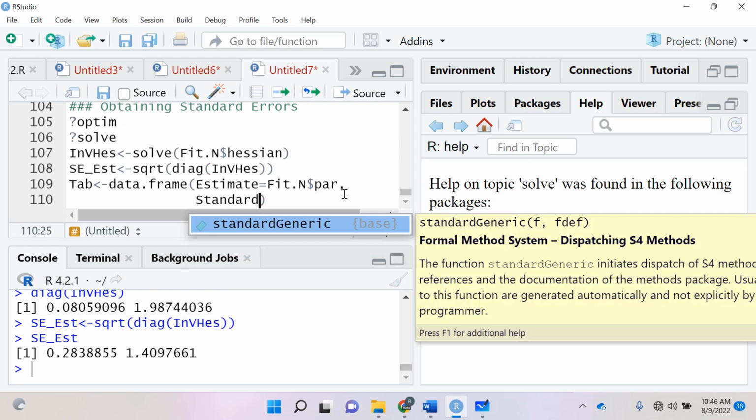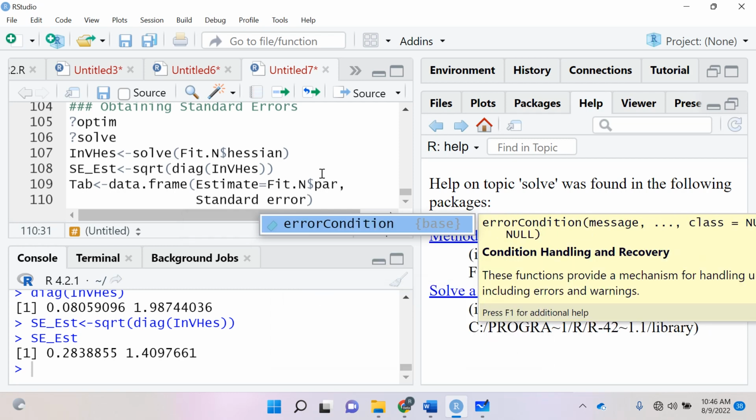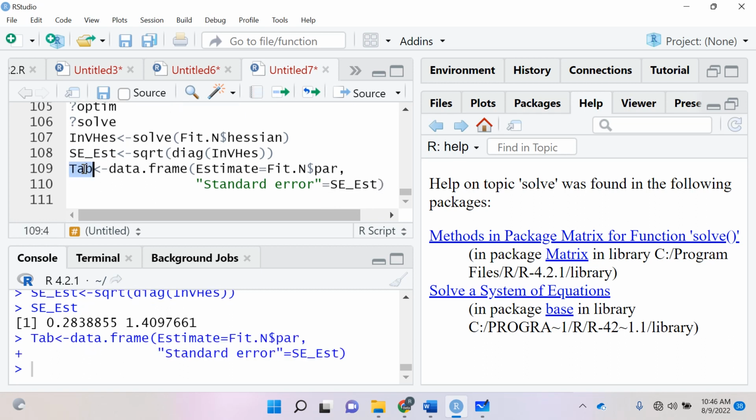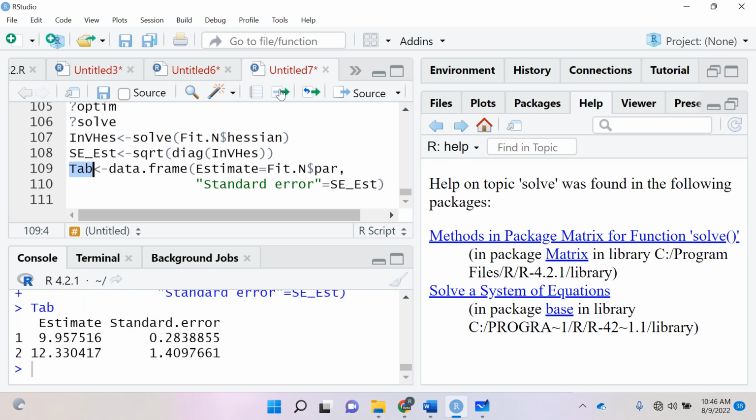Because I want to put it as one word or as a string, I must put it in quotes, and then I take my SE. If I do this, you have estimate and standard error.